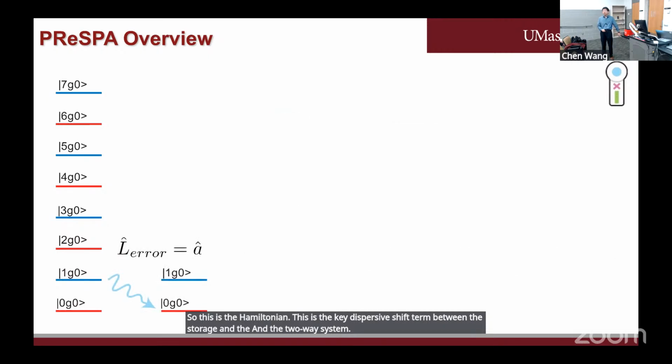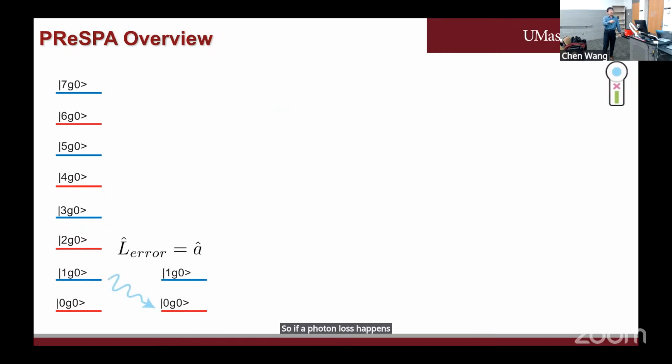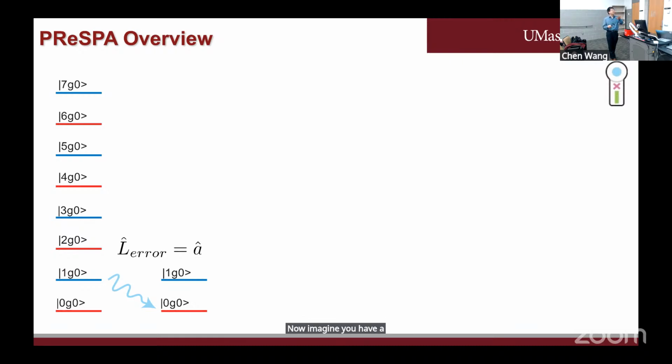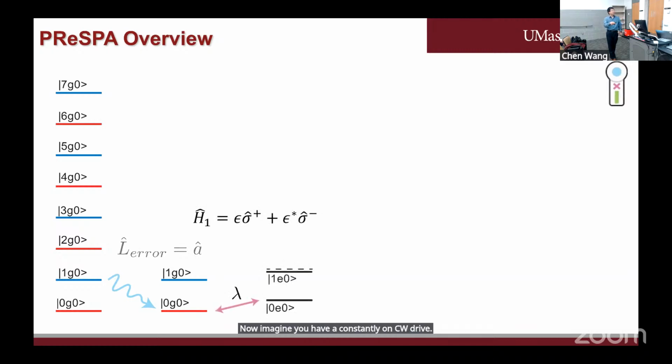So if a photon loss happens in the storage, let's say it starts in 1, you lose a photon, it becomes 0, and the second digit represents that the transmon is in the ground state, and the third digit represents that the lossy reservoir mode, which is also a harmonic oscillator, is in the ground state. Now imagine you have a constantly on CW drive, which connects the transmon ground to excited state.